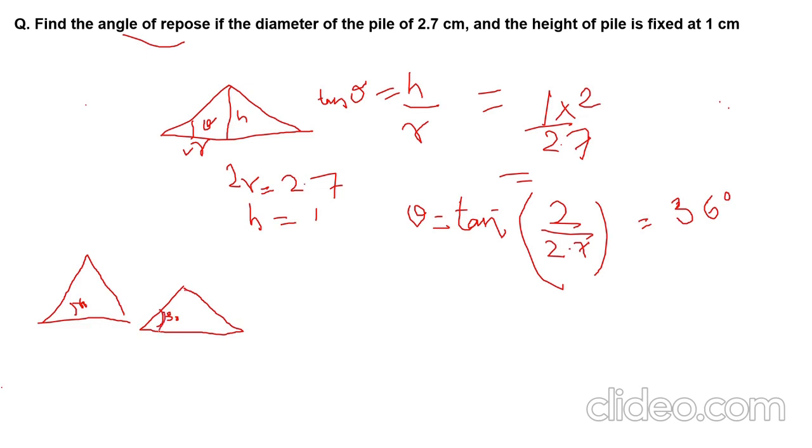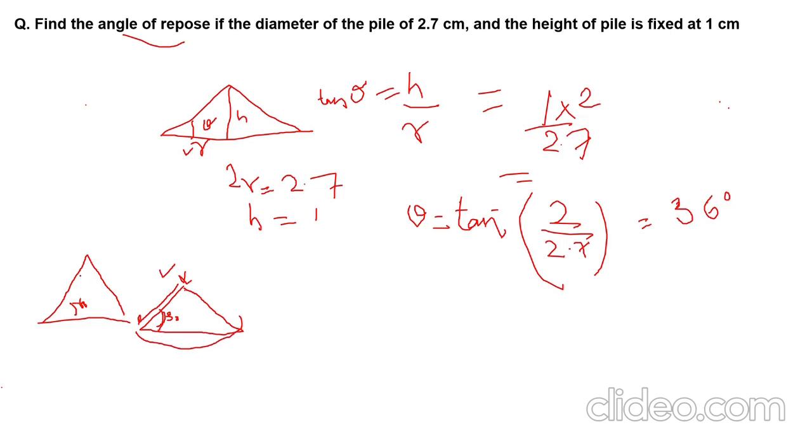First, if we discuss these two, you will understand that if it is having an angle of 30 degrees, that means the angle of repose is less. That angle of repose is less because the powder that you are making fall on this pile is flowing easily downwards and it is making a bigger circle, right? So it is having a good flowability because the angle of repose is less.